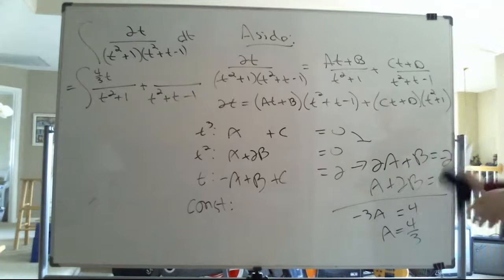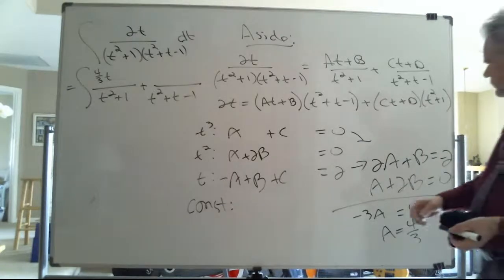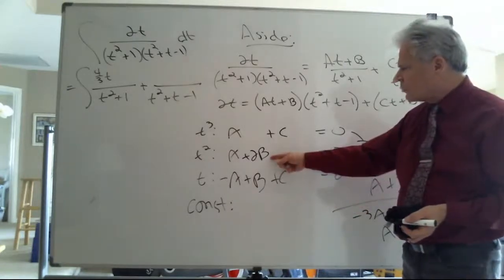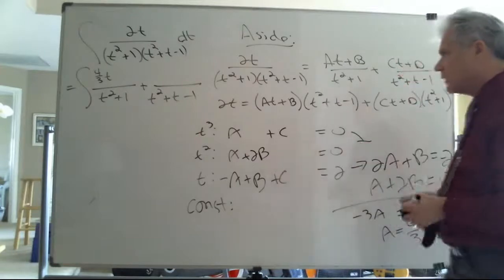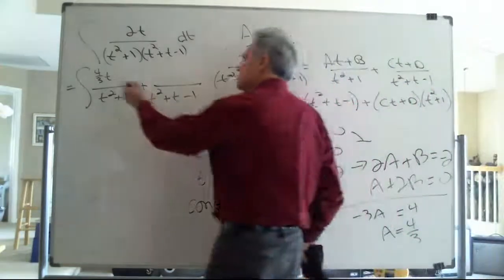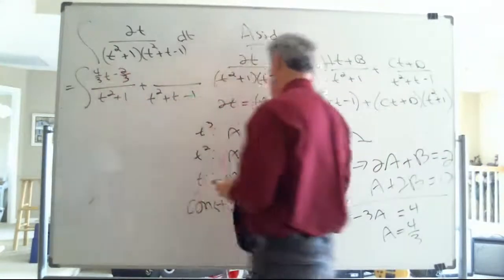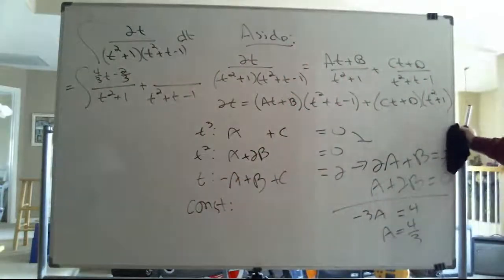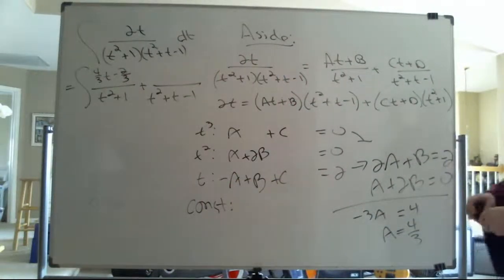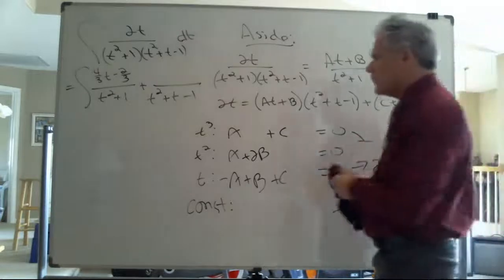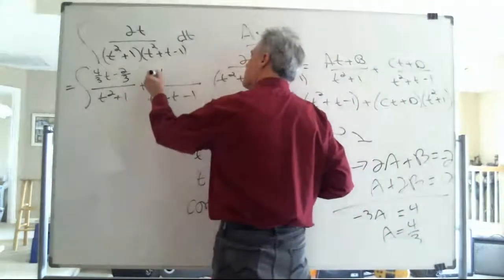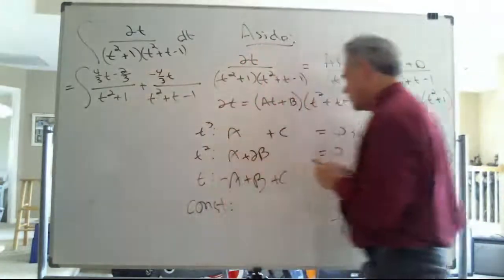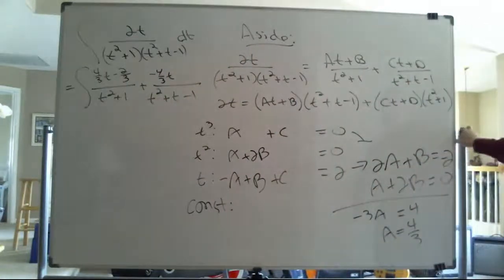My B, if you look at this relationship right here, my B is -1/2 of A. My C is the additive inverse of A. And didn't I have that my D was equal to B, I think?